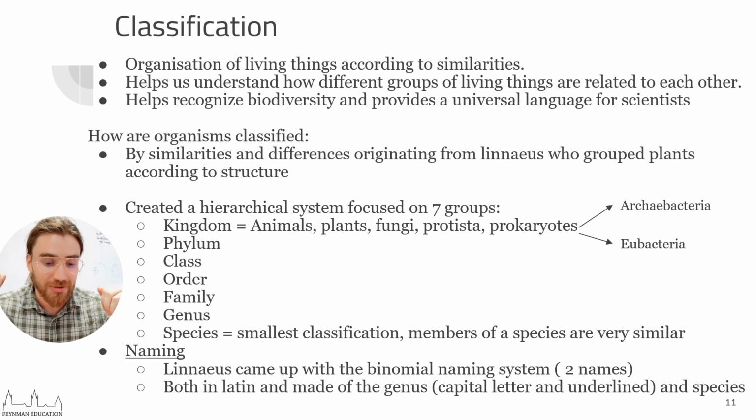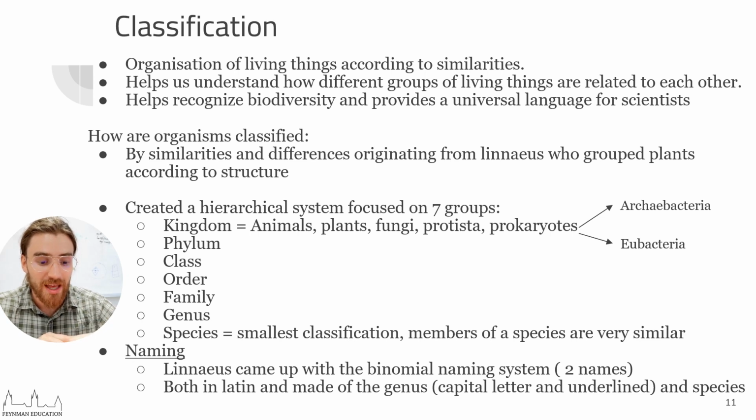He listed it into kingdom, phylum, class, order, family, genus, and species. Within kingdom, he separated them into animals, plants, fungi, protists, and prokaryotes. Prokaryotes would later be divided into archaea bacteria as well as eubacteria.